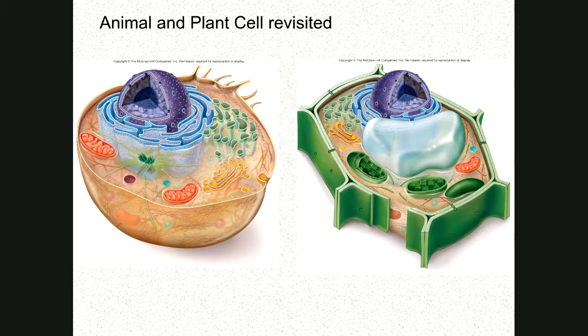Now we are going to talk about a structure that only exists in plant cells. This organelle is this big vacuole that you are seeing here. You don't see it in the animal cells. You see it only in the plant cells. Central vacuole.